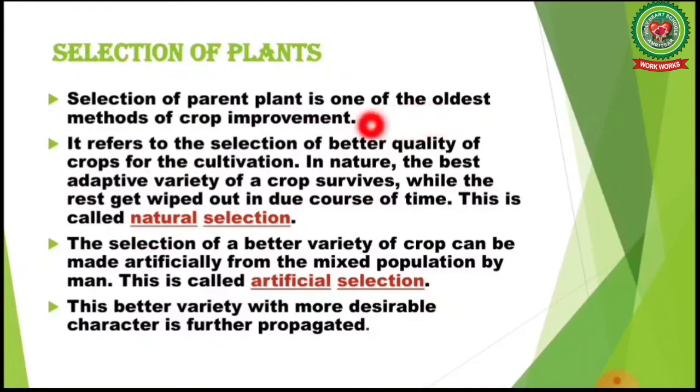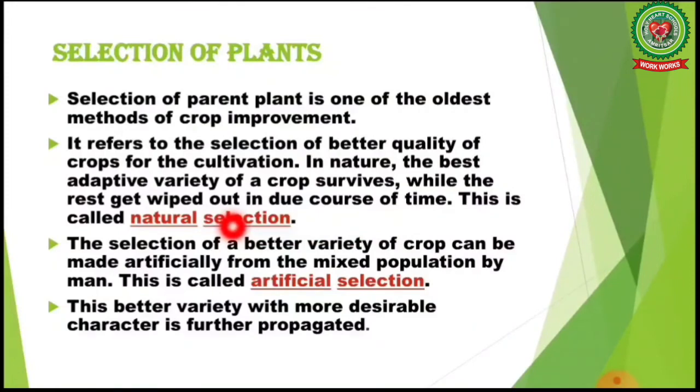Selection of parent plants is one of the oldest methods of crop improvement. It refers to the selection of better quality crops for cultivation, maybe related to the production of fruits. In nature, the best adaptive variety of a crop survives while the rest get wiped out in due course of time.